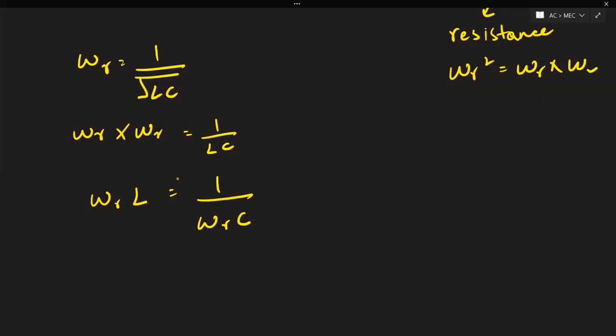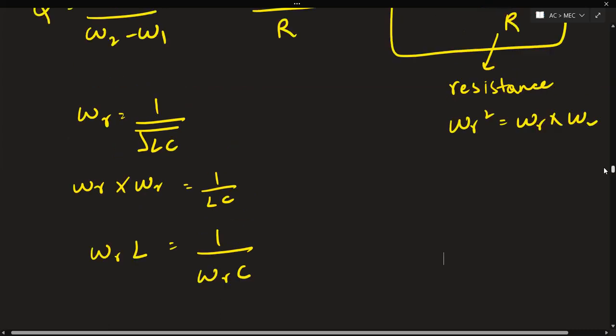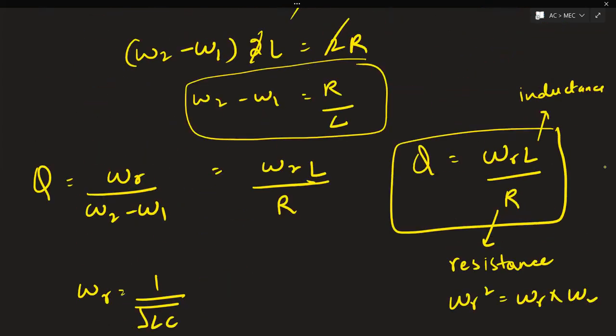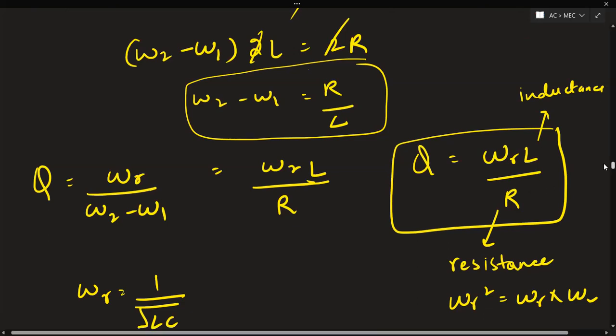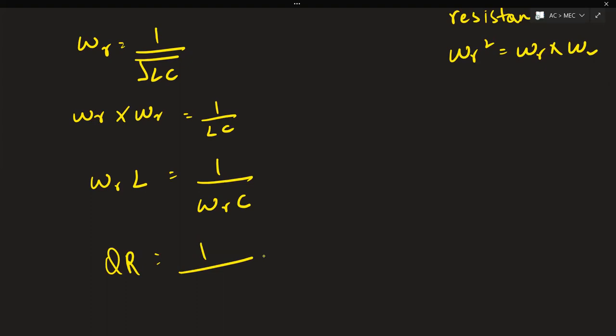Now class, omega R into L, if you look from here, is Q multiplied by R. That is quality factor multiplied by the resistance. So this is nothing but Q into R is 1 by omega R into C. Omega R is also 1 by under root LC, divided by C. From here you get the value of resonance Q factor as 1 by R, and root L by C will be left.